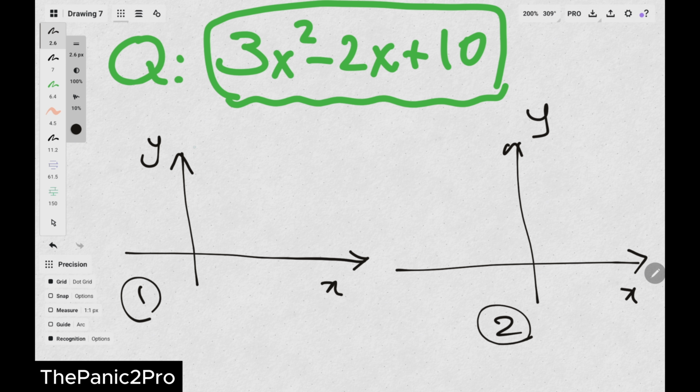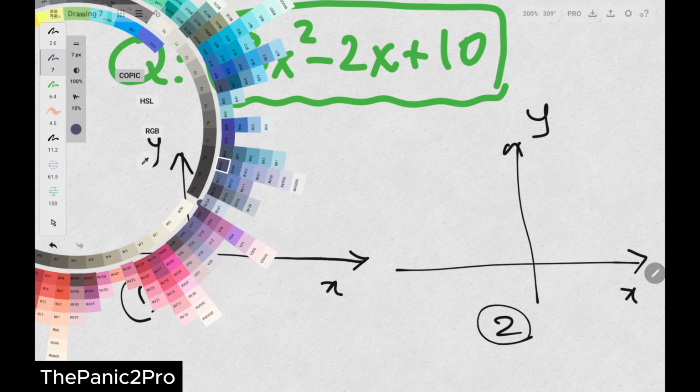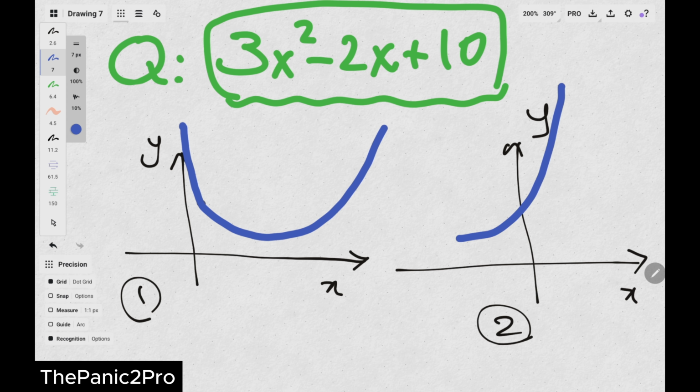If plot number 1 is something like this, and plot number 2 is something like this, which one potentially can be the plot for this quadratic format?